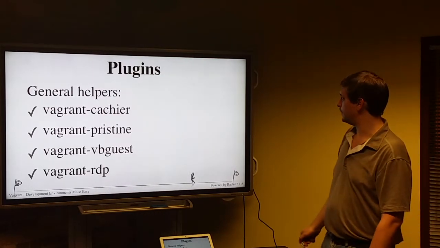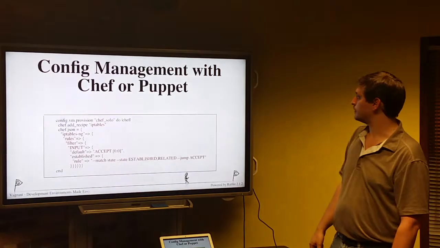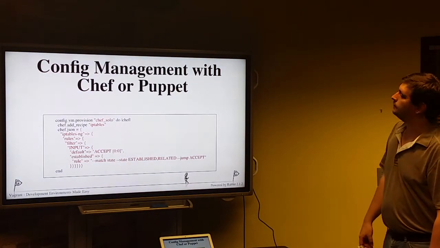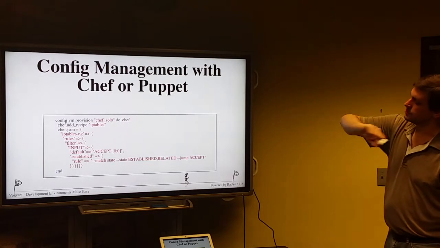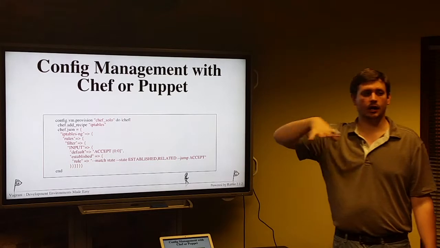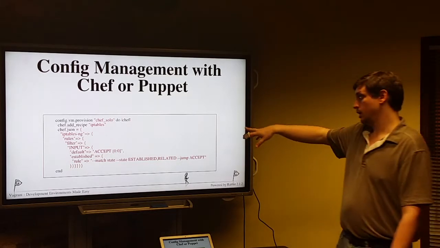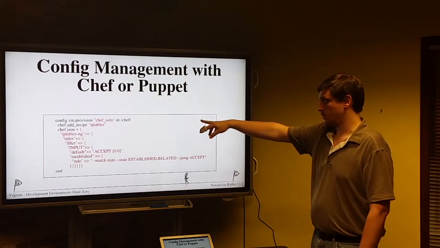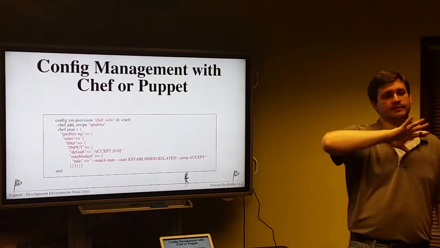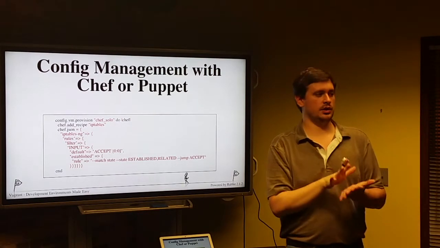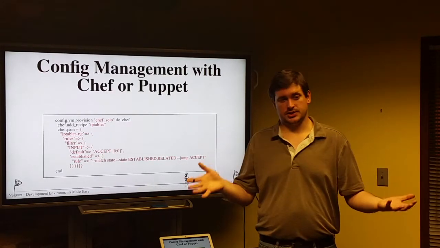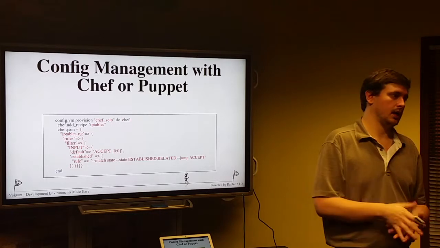We went back. This is Chef Solo configuration. This is an excerpt from a project that I work on, where we have to use a VM that has a firewall up and running, and the only thing that is open is SSH by default out of the box.